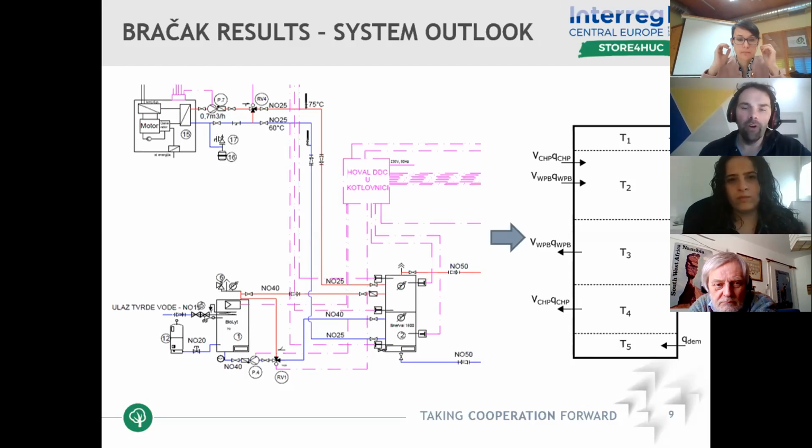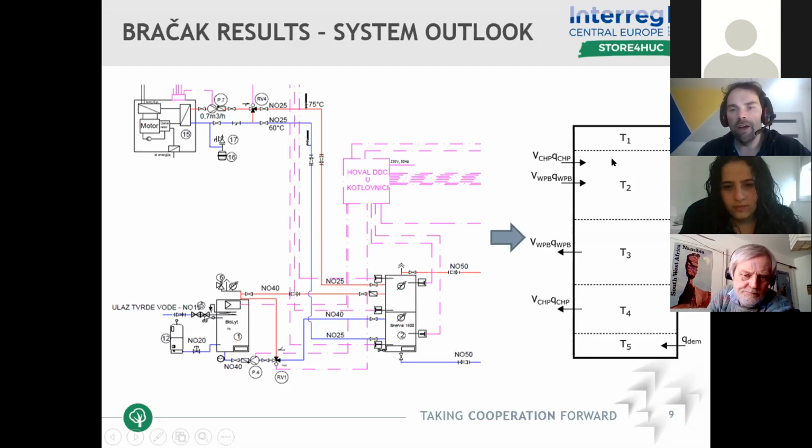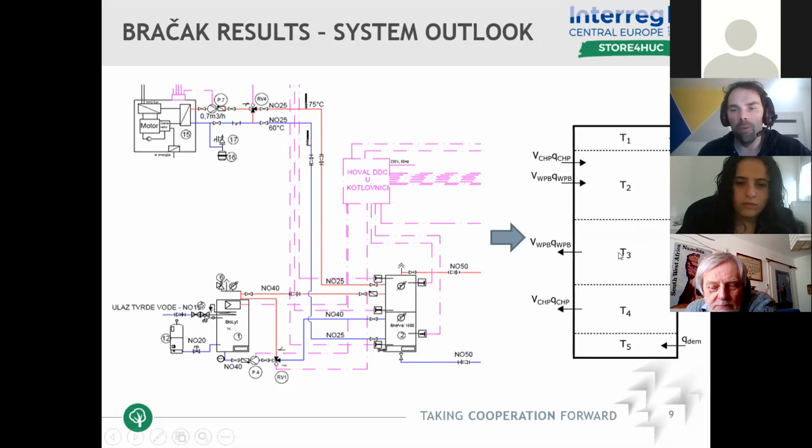So not to have a simple storage with only one representative temperature, but actually a storage in layers where you model stratification, and you have then, for instance, here for the case of Bračak, the storage with 5 different layers. They have been chosen with respect to the temperatures and levels which are used for different heating sources.